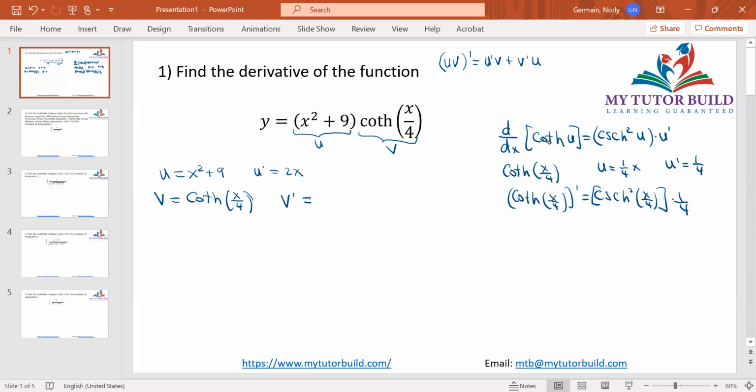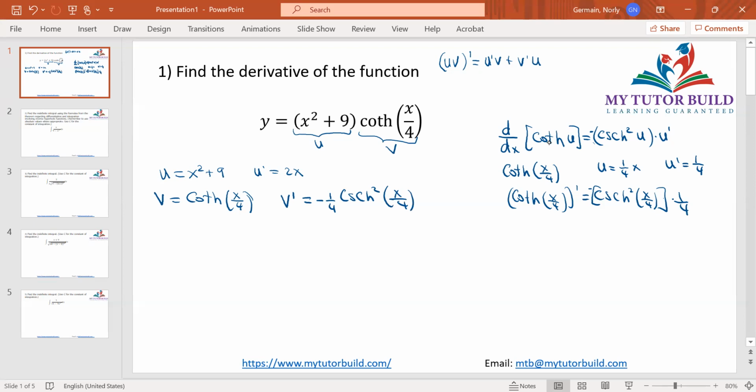Now we can come back here and say that the derivative of such a function would be equal to, there is a negative. Let me add the negative, because in this one we have a negative. So everything here is negative. That would be negative 1/4 of hyperbolic cosecant squared of x over 4.